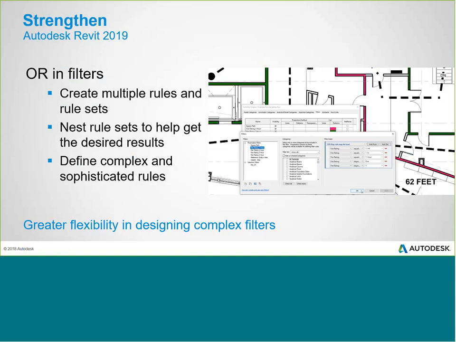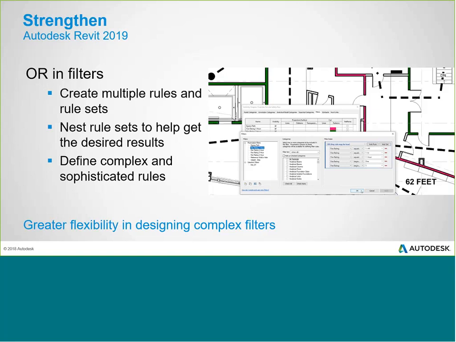Well, in the past, we would have to try to create multiple filters and then control them in the hierarchy of the view filter list in order for objects of the same category to display in certain ways. Now, instead of creating multiple filters, we can add conditionals to filter out a subset within the main Revit family category.